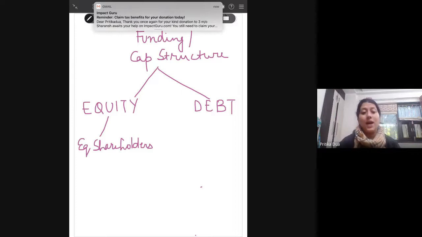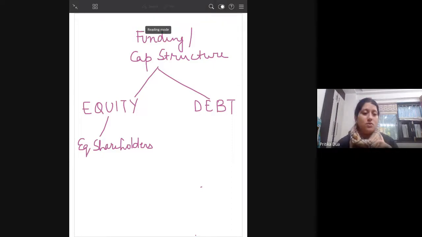So whatever voting rights there are, whatever meetings of the company, basically the annual general meeting, AGM, happens once a year, and in that meeting it is decided how much of profits should be distributed to equity shareholders, or any major critical decisions, like a new investment strategy, entering a new market, launching a new product, or winding up an existing product from the market.